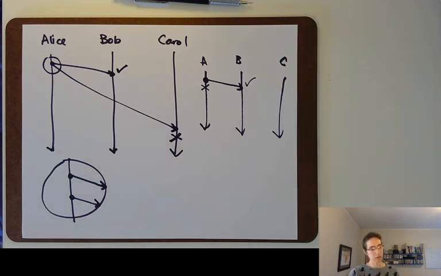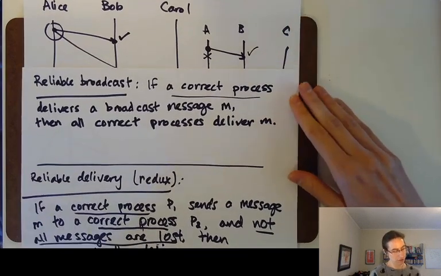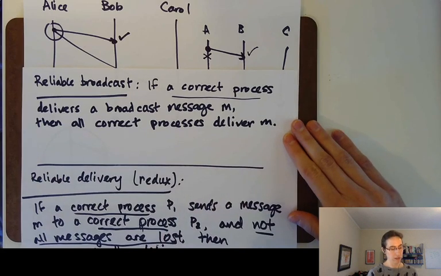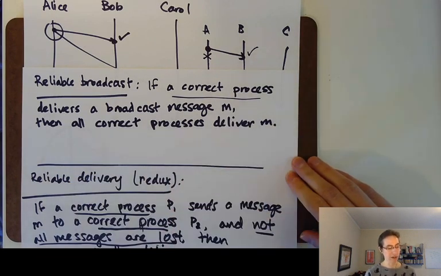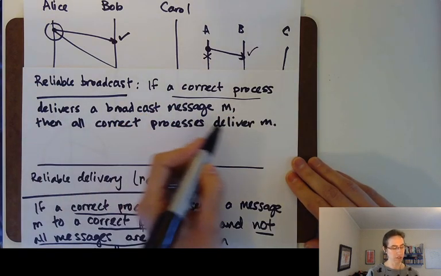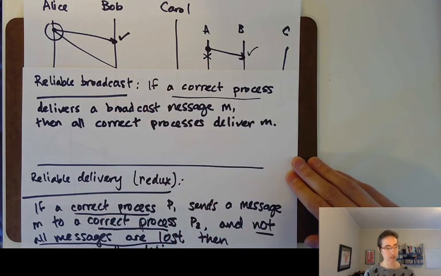The reason why this is a violation of the spec is because we say, if a correct process delivers a broadcast message M, then all correct processes deliver M. This doesn't say anything about the correctness of the sending process. It only talks about the correctness of the process that delivers the message. Recall that delivering is something that you do after you receive a message.